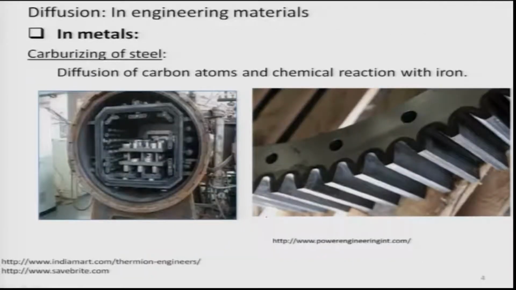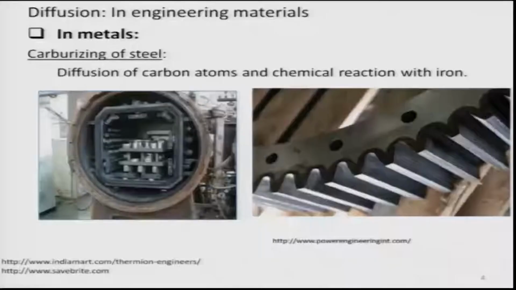See, the carburization of steel, which you may not know about, is a widely used technique to make gear teeth harder. Normally gear teeth, after they are machined out, will not be hard enough to resist the wear and tear during the motion. So, to make them harder, we normally inject a lot of carbon inside, so that some hard phases form.